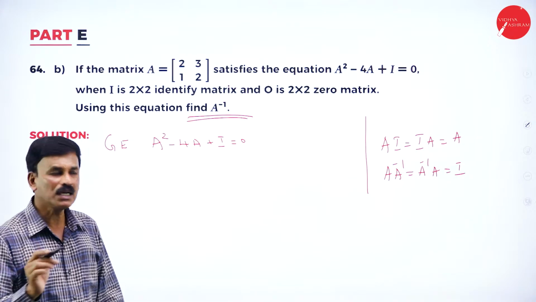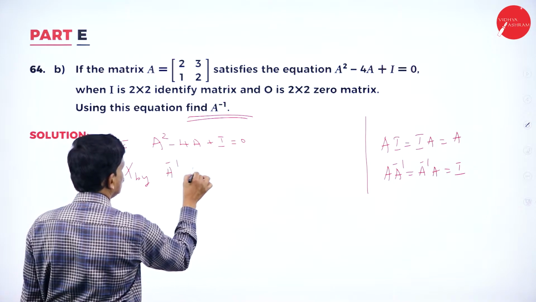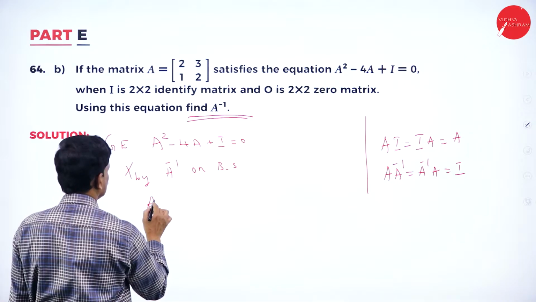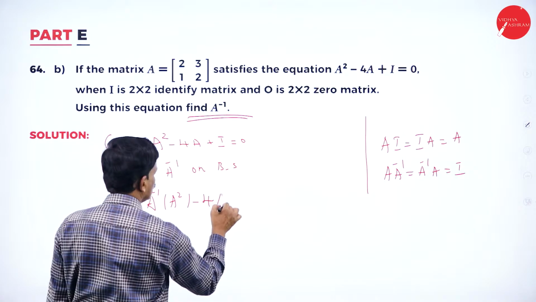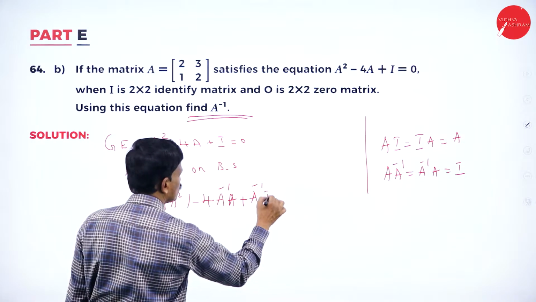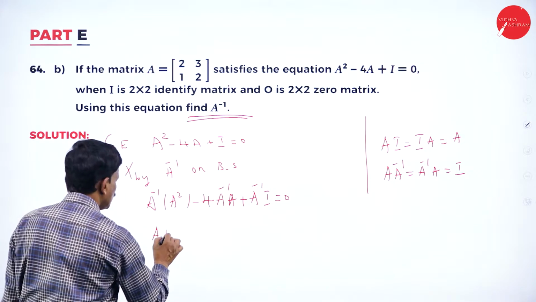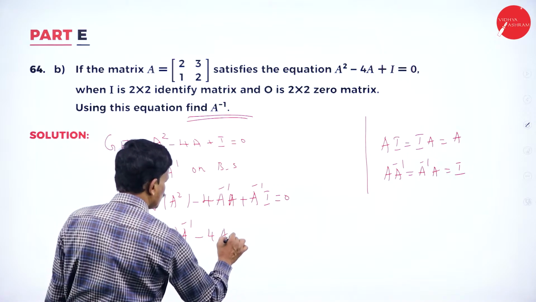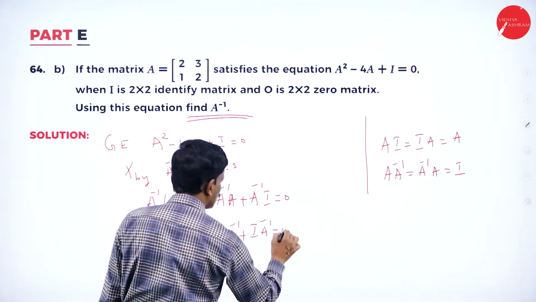Now multiply by A inverse on both sides. Then what you will get? A inverse into A square minus 4 A inverse into A plus A inverse into I is equal to 0. Let us write A square as A into A, so A inverse into A into A minus 4 A inverse into A plus I into A inverse is equal to 0.